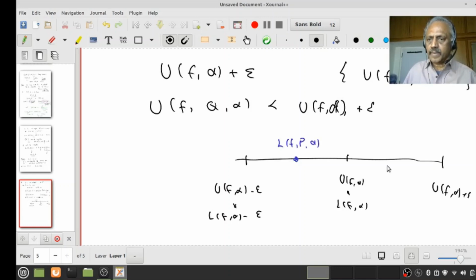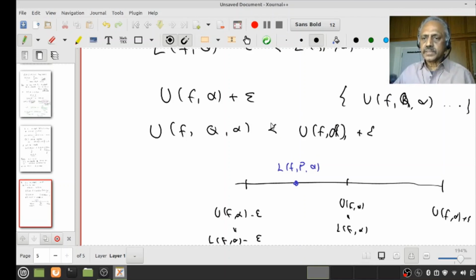And what do I know about Q? Here I know that UFQ alpha is less than UF alpha plus epsilon. Therefore, it has to be marked to the right of this. But then remember, what do I know? It should be greater than LFP alpha for any P. You should wonder why I could not draw this picture here.